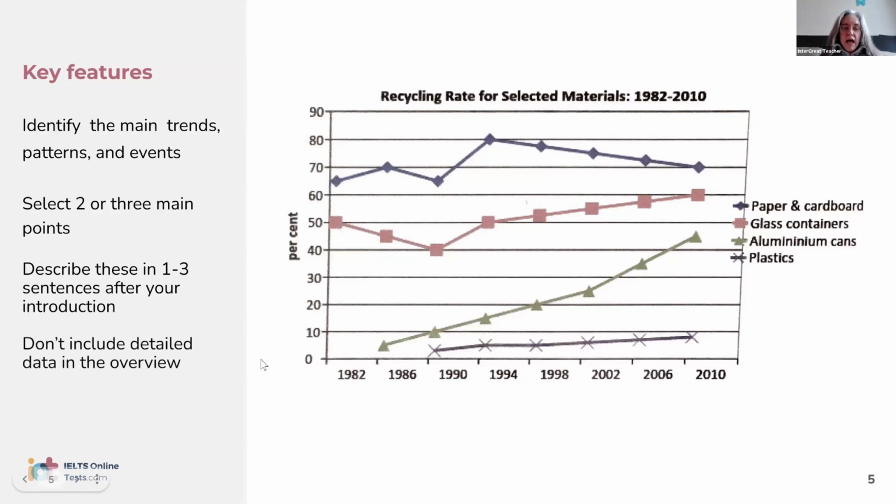Okay. This is a good point though. On the left, don't include detailed data in the overview. So that the general overview is for explaining what the information shows in general. And then when you move on to the main body, that is the part where you go into specifics.